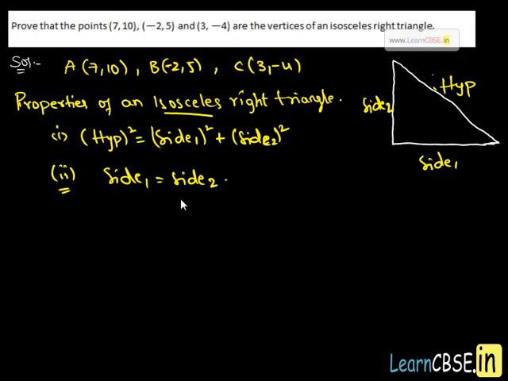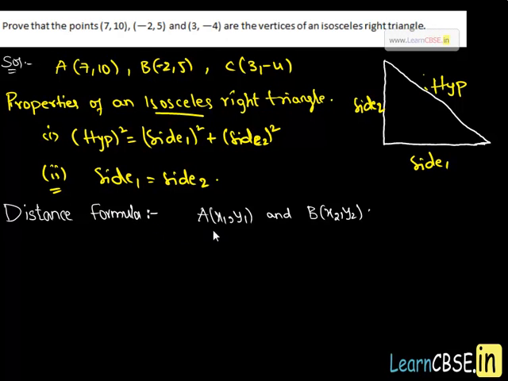To prove triangle ABC is an isosceles right angle triangle, we have to find the distances between the vertices, that is AB, BC and AC. To find these distances, let us consider the distance formula.